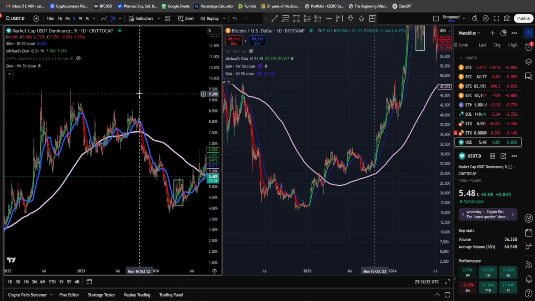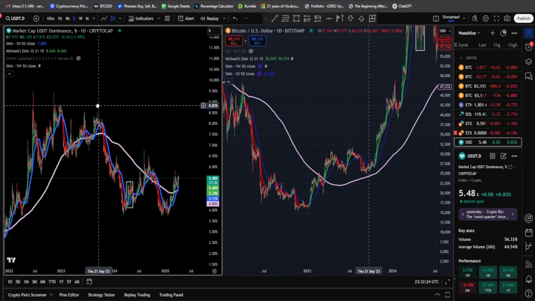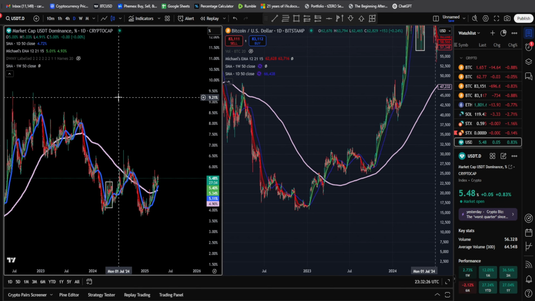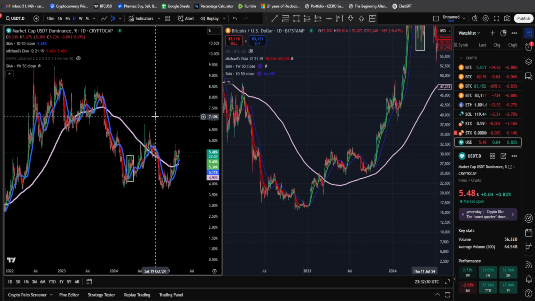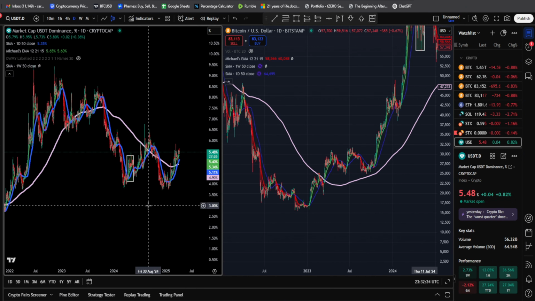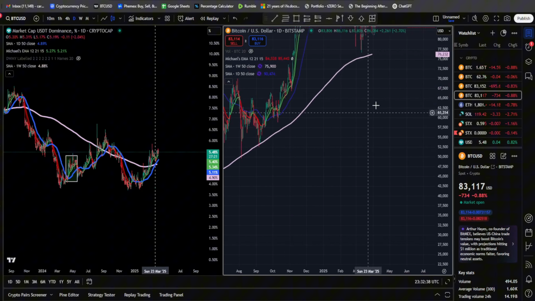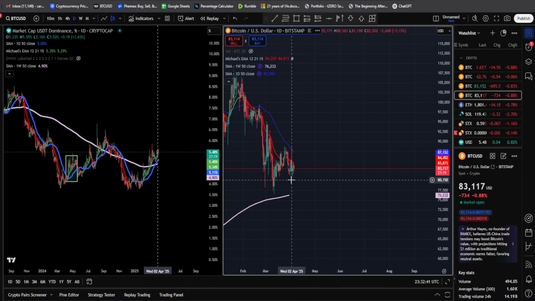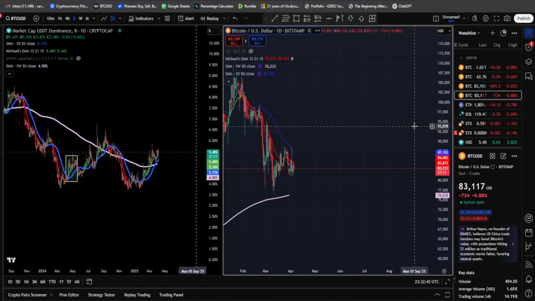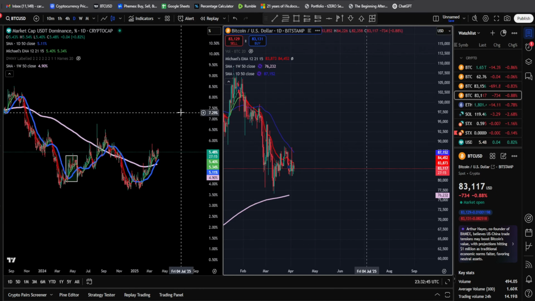But the thing about Tether dominance is that there's going to be more Tether. So this would rise just because more Tether is naturally created. This could rise while Bitcoin does something else, or while Bitcoin rises as well. Essentially, it could not be correlated.